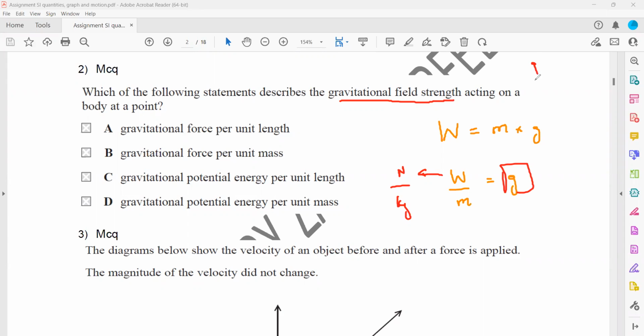So the value of the gravity of Earth is say 9.81 Newton per kilogram. So it means this much force is experienced by each kilogram or unit mass. That's why the value of gravity, or acceleration due to gravity, is the gravitational force per unit mass. So B should be the right answer.